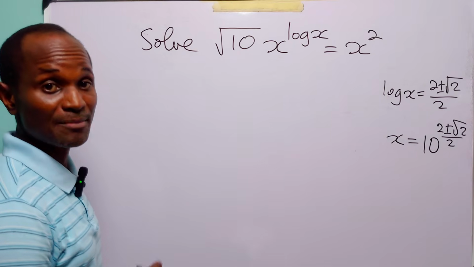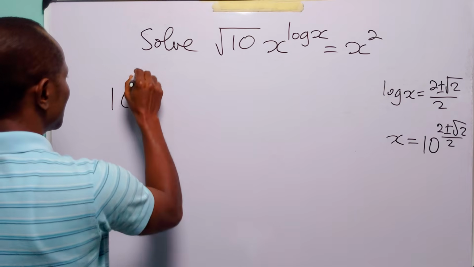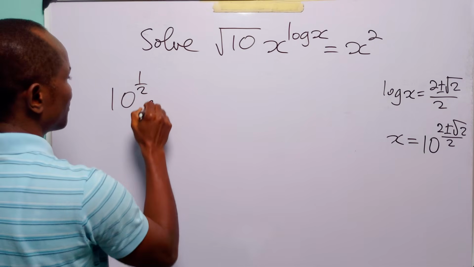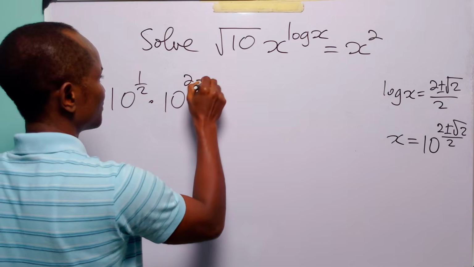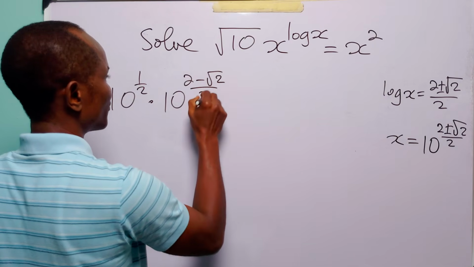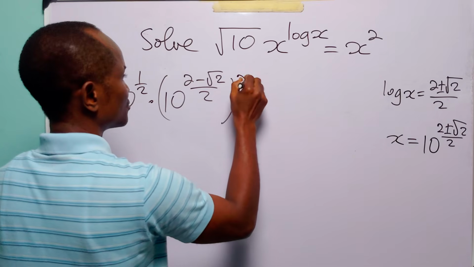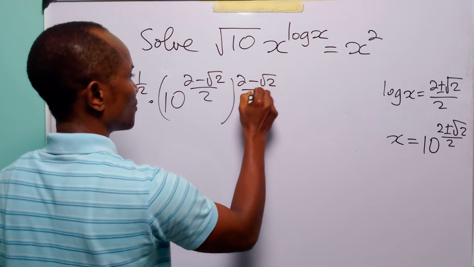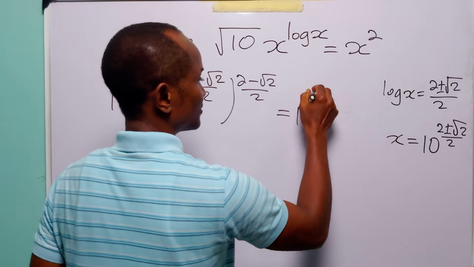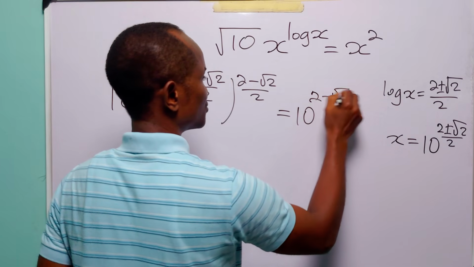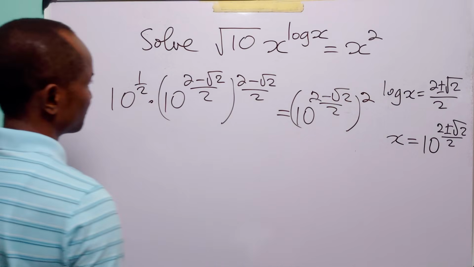And doing the exact same thing for the second value of x, we have 10 to the power half multiplied by 10 to the power 2 minus root 2 over 2, to the power log x, 2 minus root 2 over 2, is equal to 10 to the power 2 minus root 2 over 2, squared.